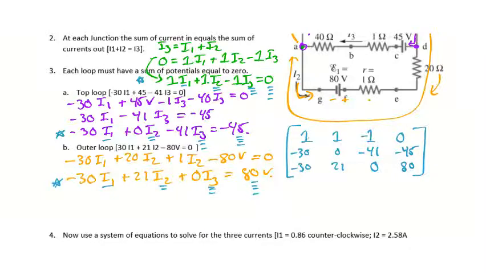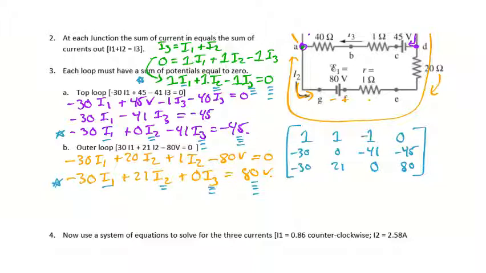So for us, you're just going to type in 1, enter, 1, enter, negative 1, enter, 0, enter, negative 30, enter, 0, enter, negative 41, enter, negative 45, enter, negative 30, enter, 21, enter, 0, enter, and 80, enter.